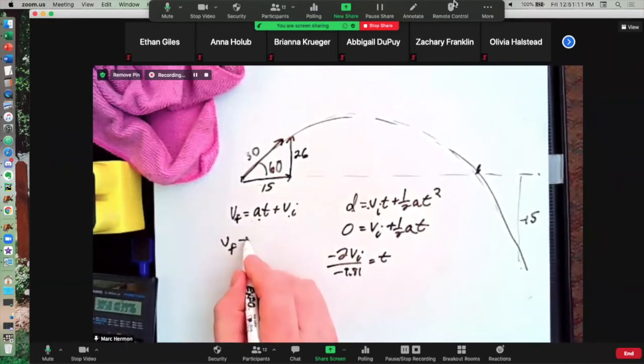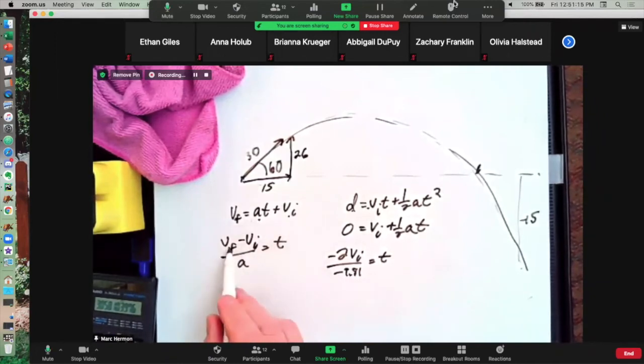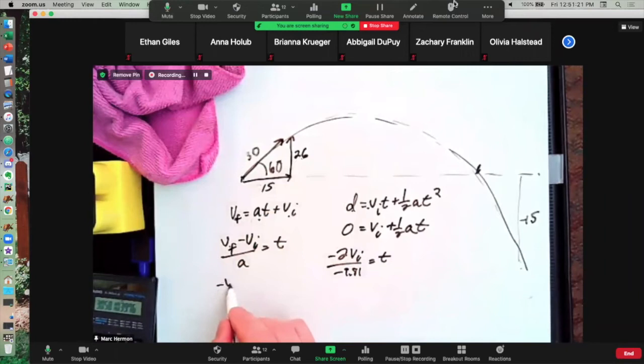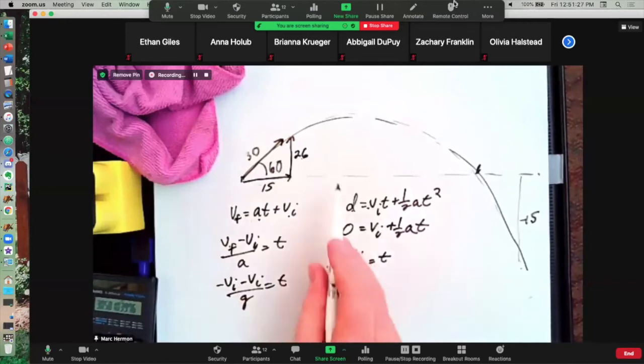I'll just show you. VF minus VI over A equals T. VF down is negative what VI was, so it'd be negative VI minus VI over gravity equals T. This is the same thing. Either equation gives me the exact same thing, okay?